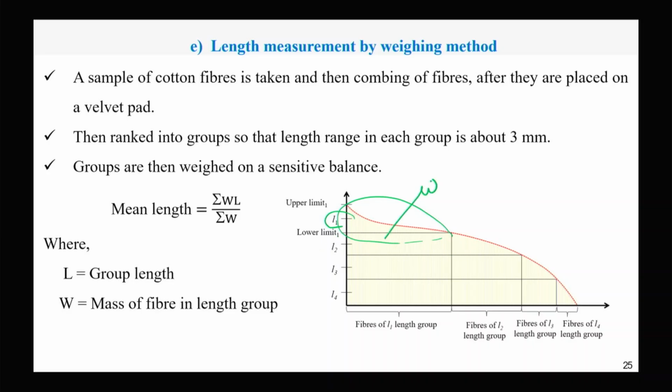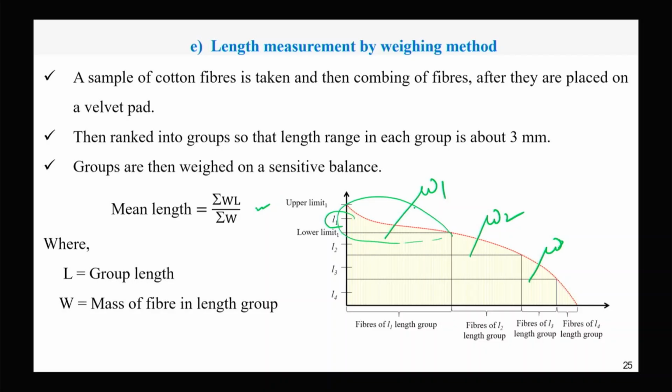So, here the weight is W1, in this zone the weight is W2, W3, in this way we can take the weight at different length groups, and then we measure the mean length.